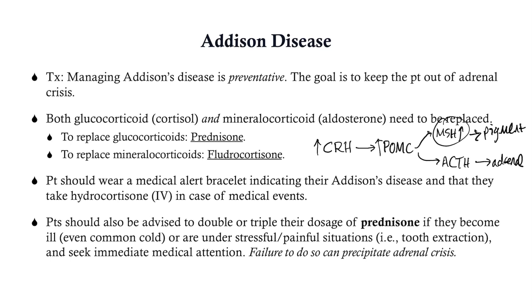Patients should be advised if they get sick to increase their dosage of prednisone if they're either ill, even something so much as a common cold, or if they're under stressful or painful situations like getting a tooth taken out or high psychological stress even, they may need to increase their dosage. You don't need to worry about figuring that stuff out. Their endocrinologist will give them all the deets on that. Failure to do so can precipitate adrenal crisis, which can be deadly.